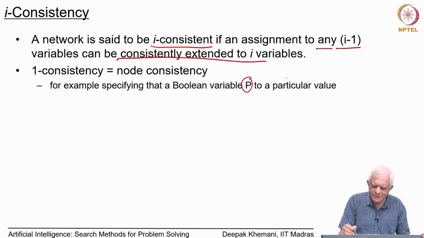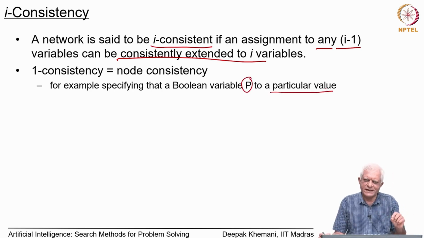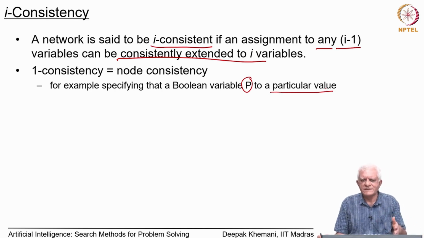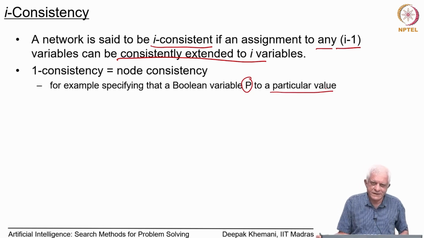So, if you say that p is a particular value, then that is like enforcing node consistency, and saying that you can only keep those values in p which are consistent with the unary relation over p essentially. The unary relation may say that p must be true or p must be false, and in our example that we saw, we had said that p is true essentially. So, that is 1-consistency.